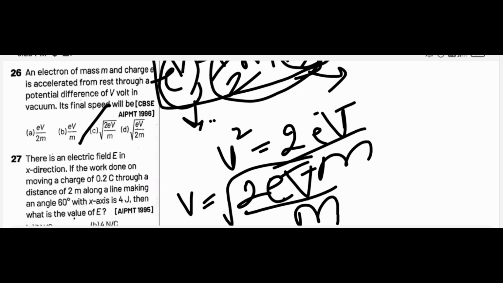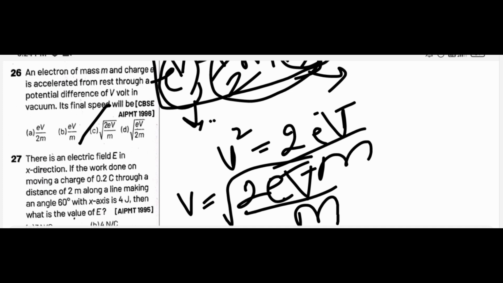See, if you solve this type of question, remember these formulas. Before, I told you one formula for the potential, if it is given in terms of mechanics, that is V is equal to mv square by 2q. Like this type of question, the 26th one, remember this formula: speed v is related by root 2eV by m.